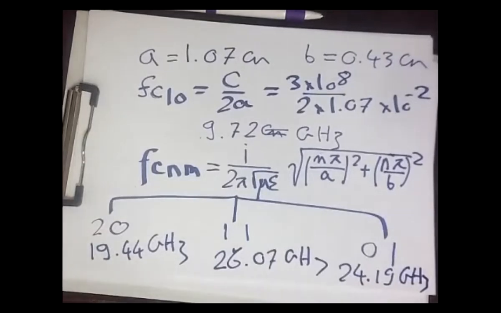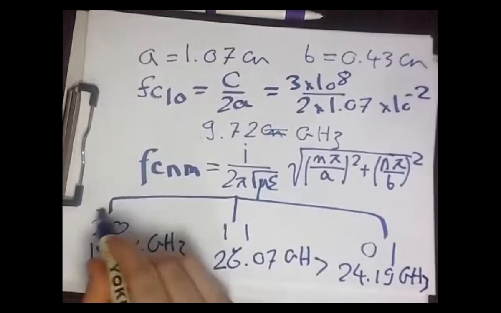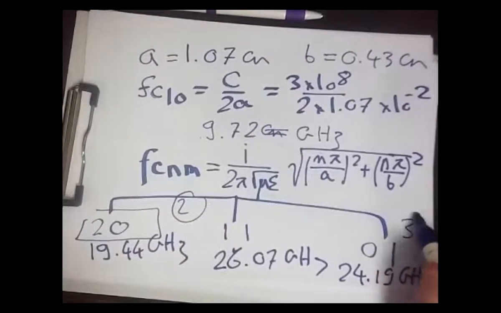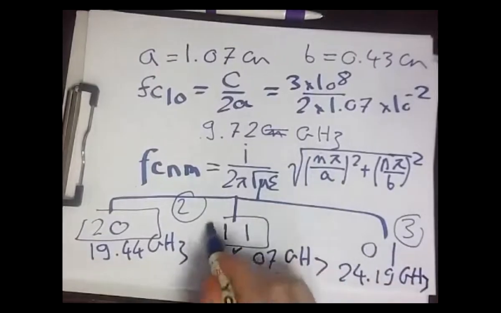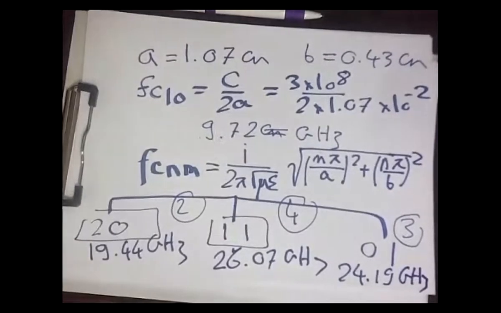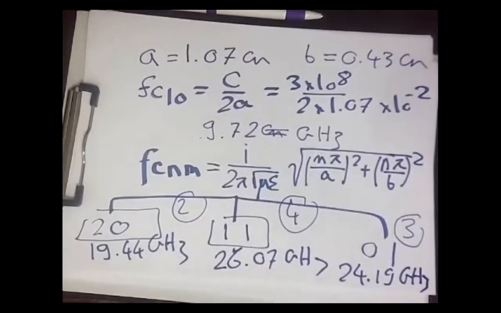Just calculating the three, and then the minimum one is here. So this is the second cutoff, and then this is the third cutoff, and this is the fourth cutoff.